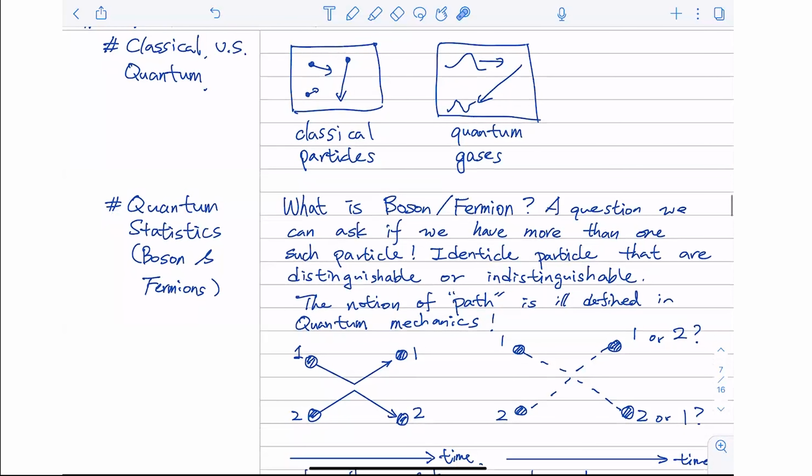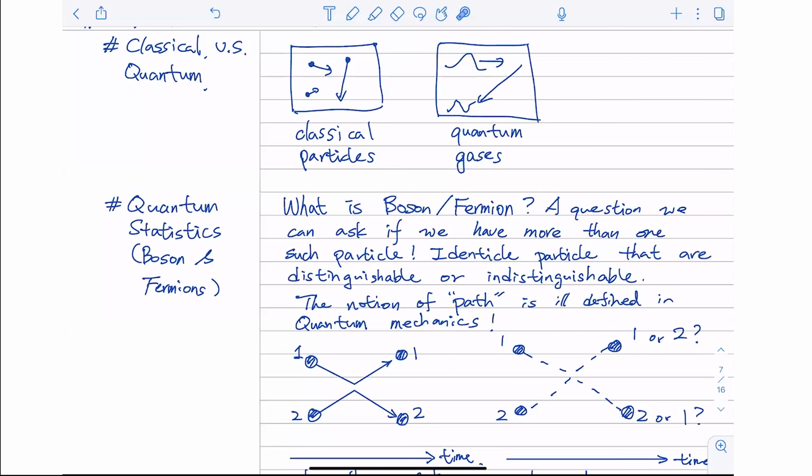Okay, so the important thing is how to incorporate this wave function nature into our description. The zeroth order question we should ask is, under what situation should we start to consider the wave nature of these quantum particles?